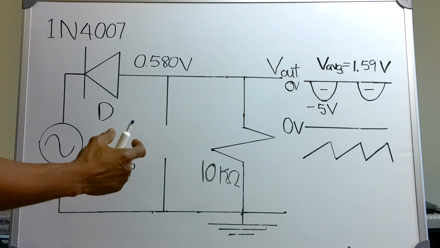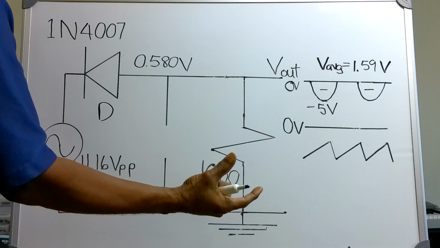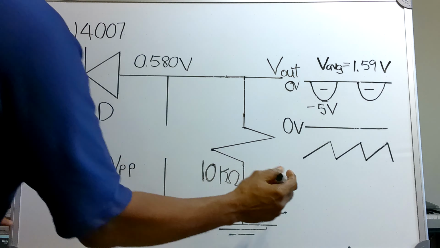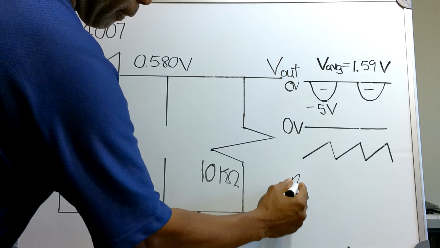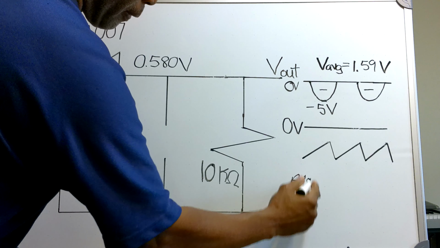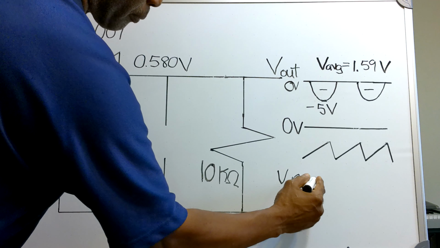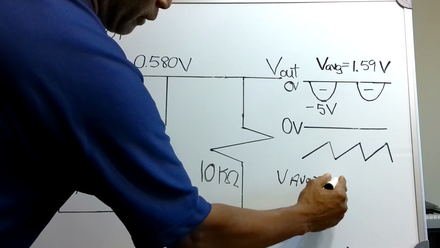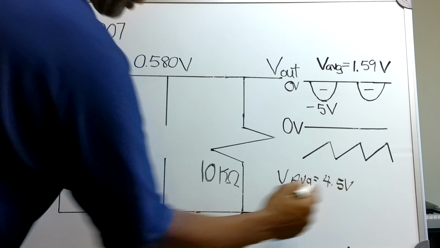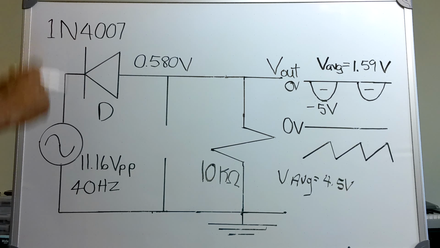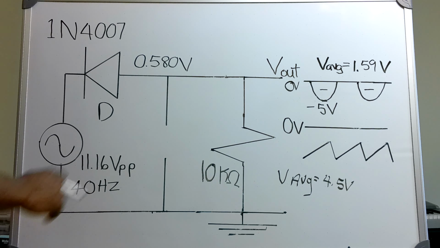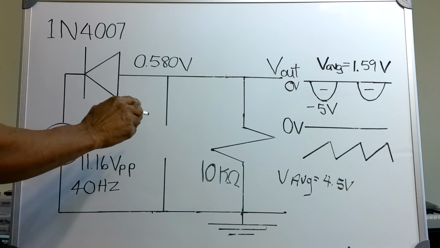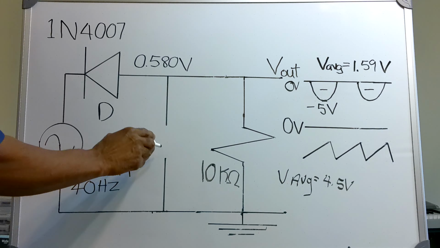What I really want to do is to raise this average voltage up to an average voltage of 4.5 volts. Now, in order for me to do that, I will need a capacitor right here.